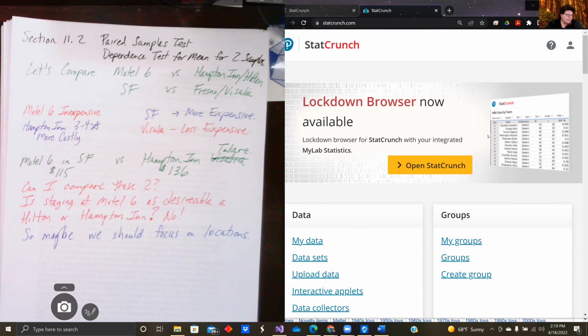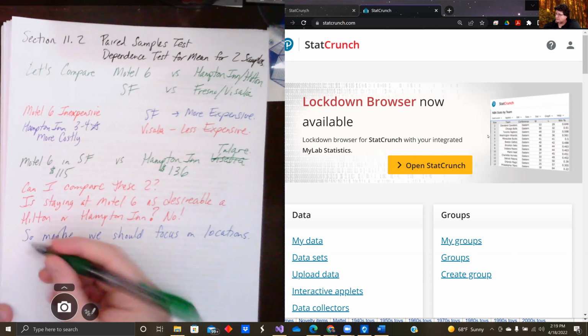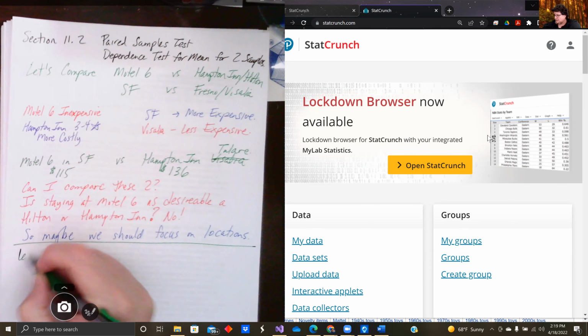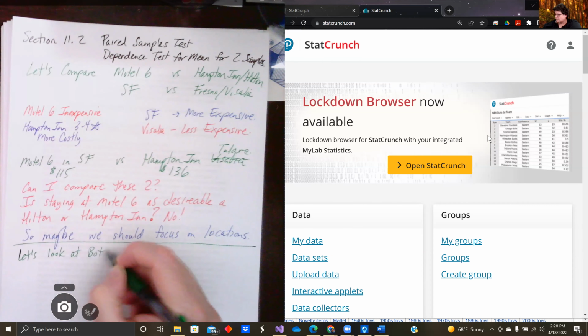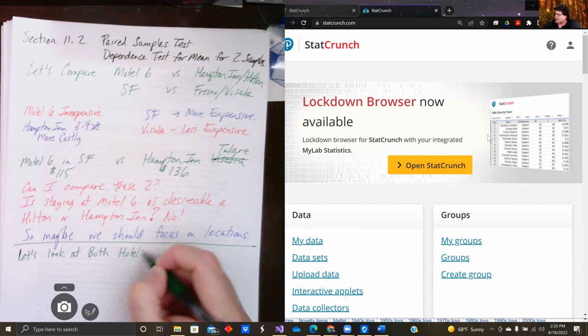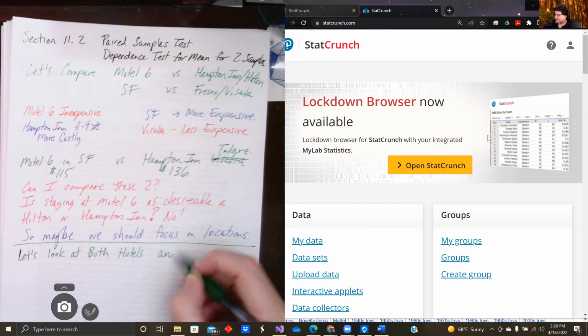So this is where the idea of a paired test comes up. What we're going to do is look at both hotels, and we're going to compare them together.